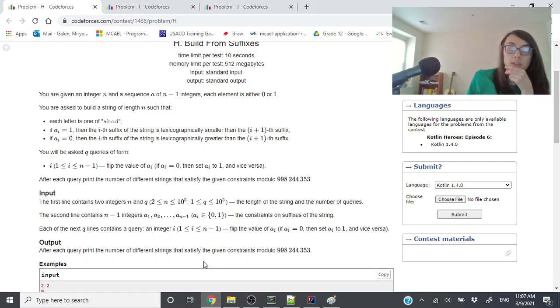So if it has to be lexicographically smaller, then it could be the same. Right? It could theoretically be the same.